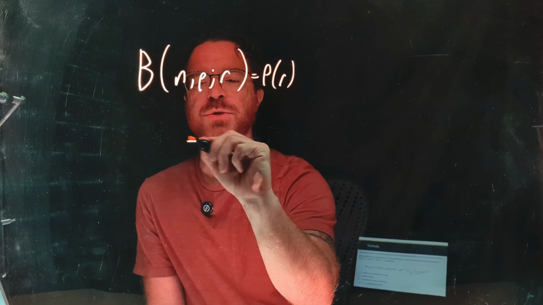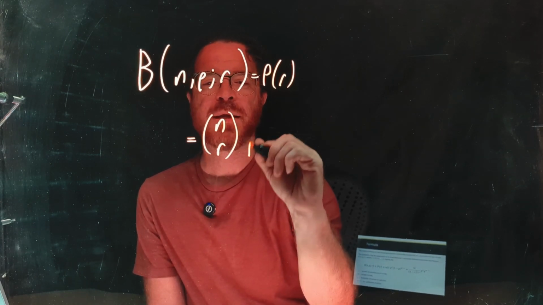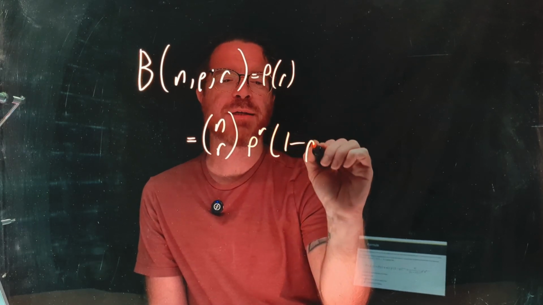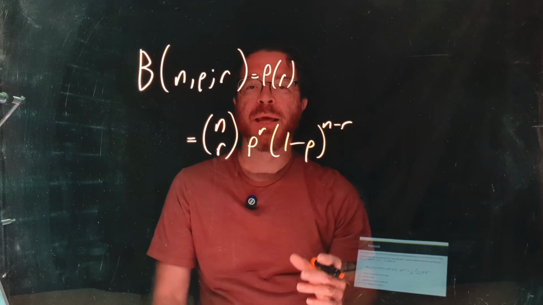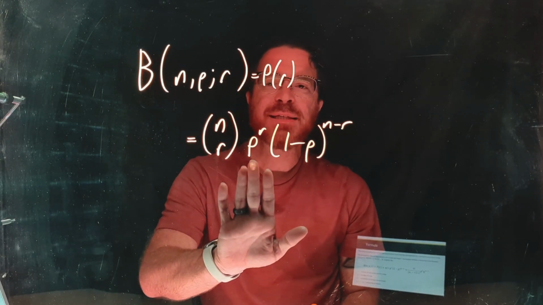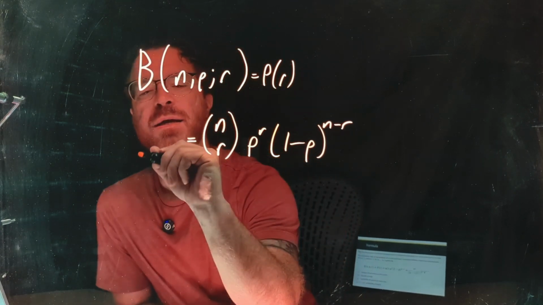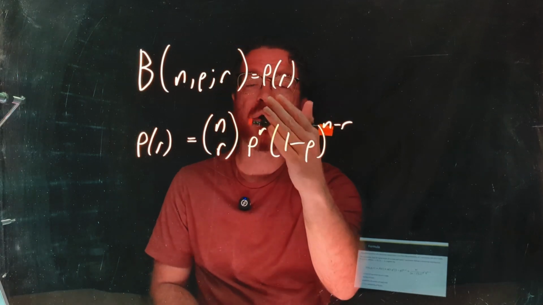This is going to be equal to n choose R, P to the R power, 1 minus P to the n minus R power. Breaking this down, what is this doing? Well, this P is our probability of success, and we're looking for the probability of R successes. So we're saying that we have R number of successes.